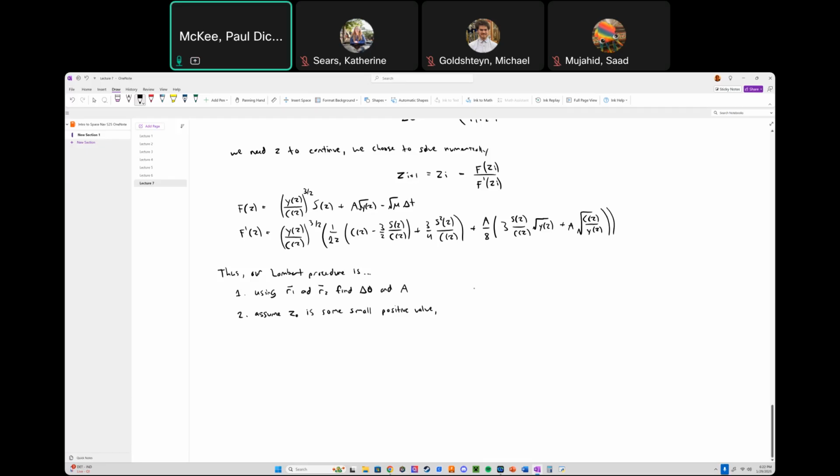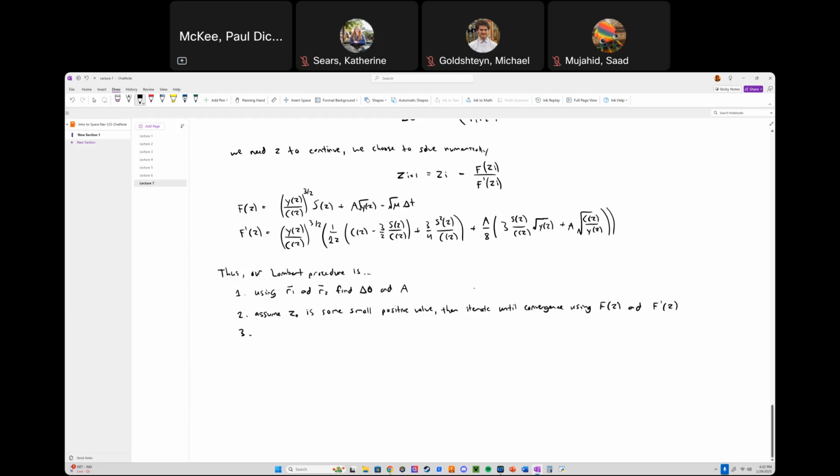Then iterate until convergence, using F of Z and F prime of Z.